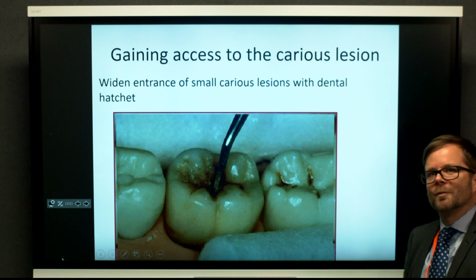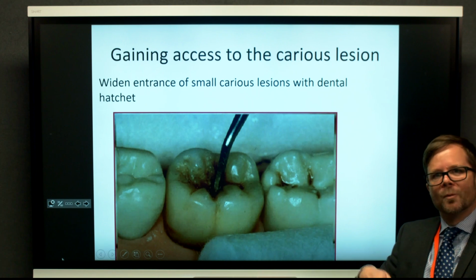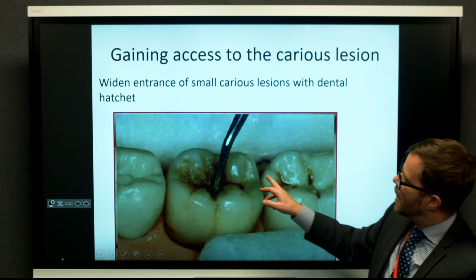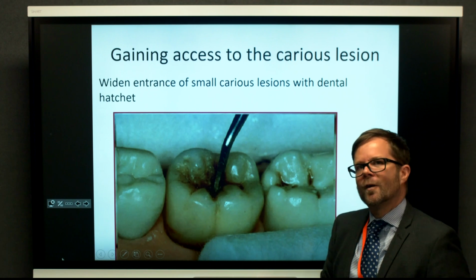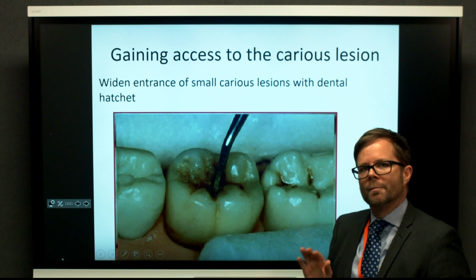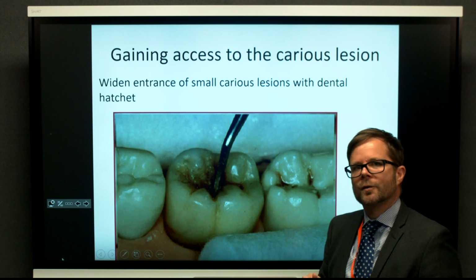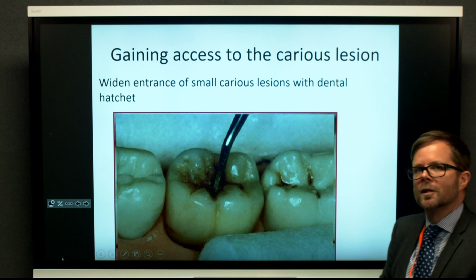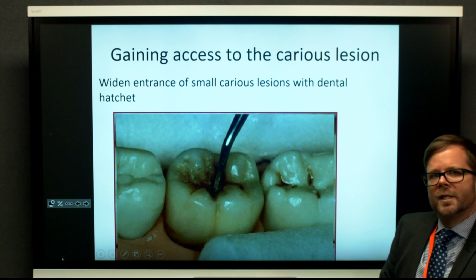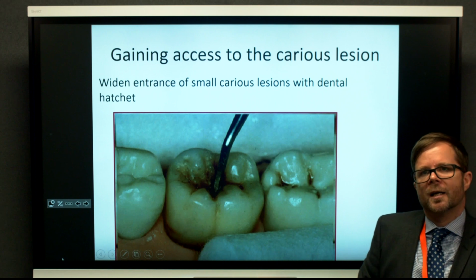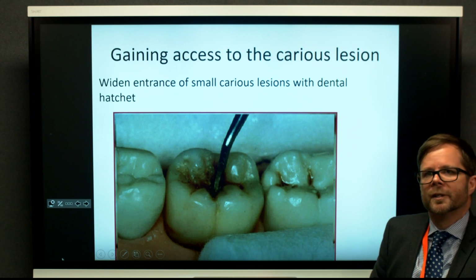In fact, it probably will have been done for you because the enamel would have collapsed in. With less large cavities, you might find that you actually have to use some effort to break through the enamel into the underlying dentine. The best instrument to use here is the dental hatchet. It's sharp and relatively rigid.